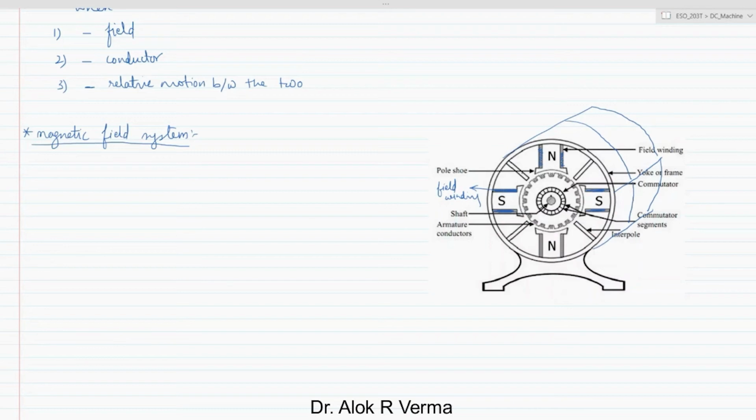Inside that we have pole cores which are bolted to the yoke. The outer frame is known as the yoke. The yoke basically supports the poles. Poles are these: north, south, north, south. You see that the poles are made in a specific shape.